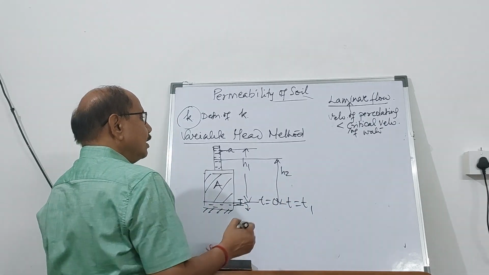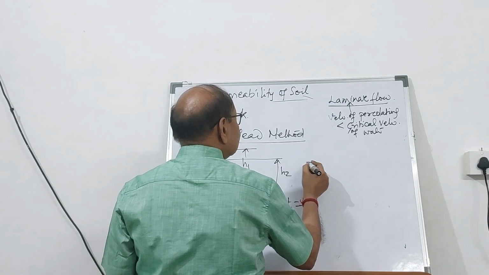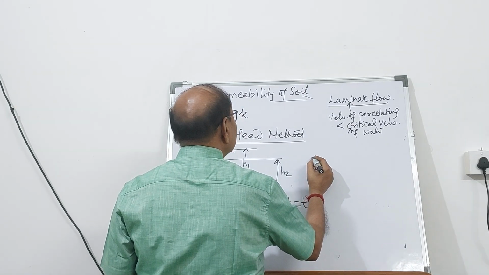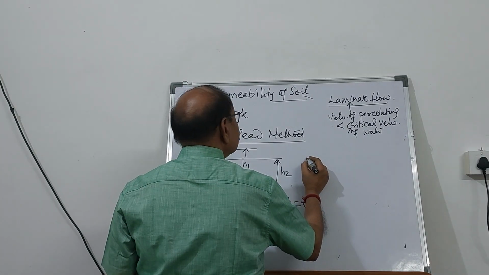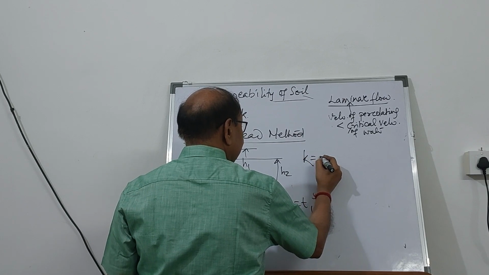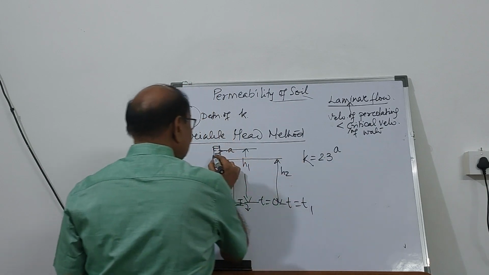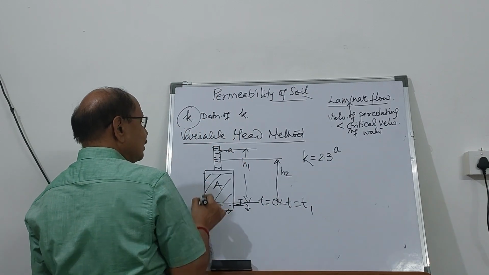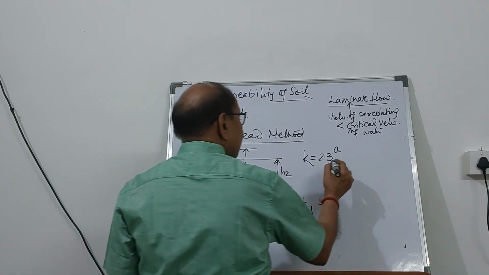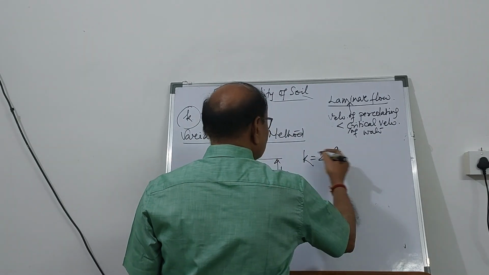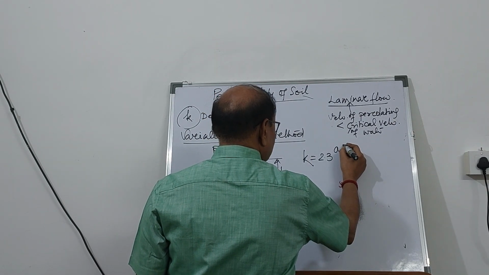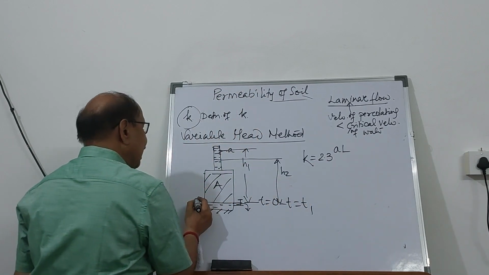Then, applying this Darcy's formula, you can find out that the coefficient of permeability is given by 2.3 into the cross-sectional area of this pipe in which the water is going to drop down, into the length of the sample.